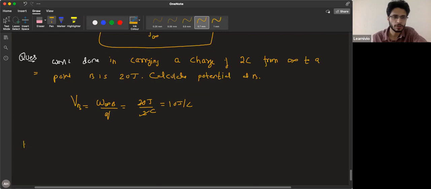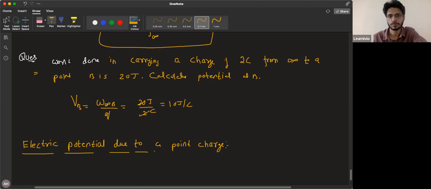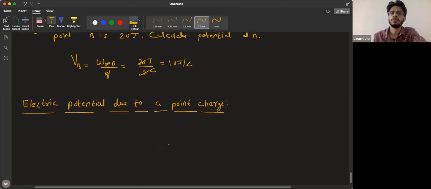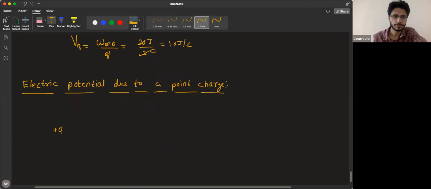So, electric potential due to a point charge. This is a point charge. I need potential at P at a separation r from the point charge.